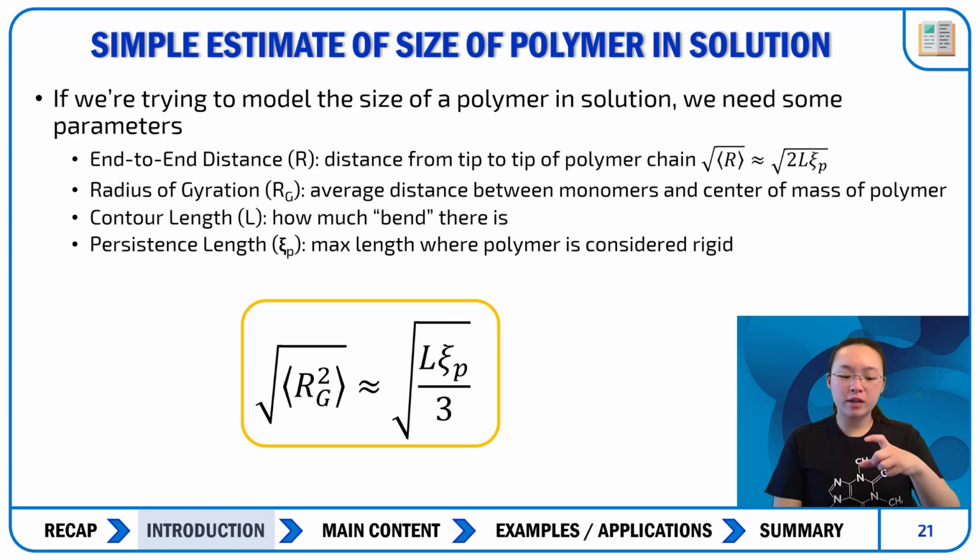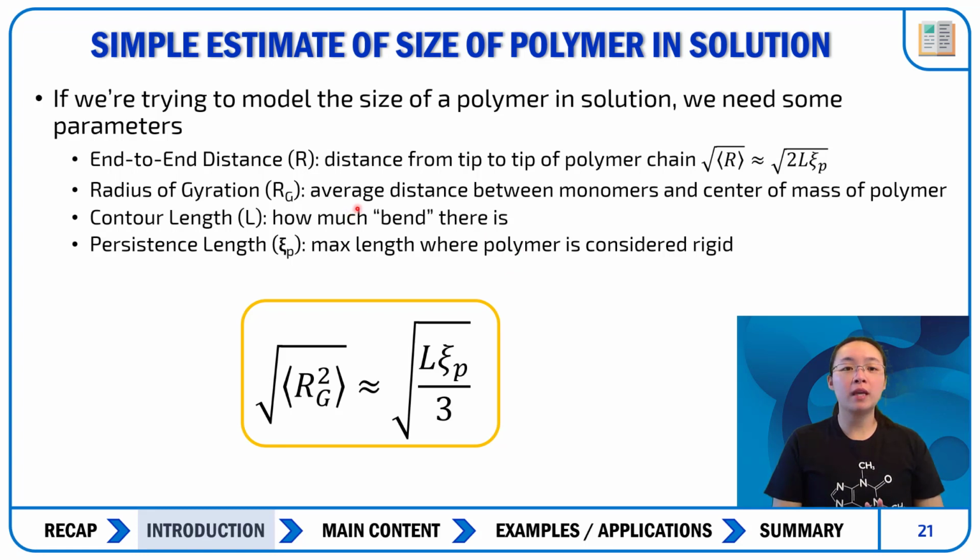That means we can break it up into polymer chains and calculate R, which would be the distance from tail to head, or tail to tip. So if we're trying to model the size of a polymer in a solution, we need some parameters, and we'll go into this equation in a lot more detail later on in the course. But for now, I just want to present it to you.